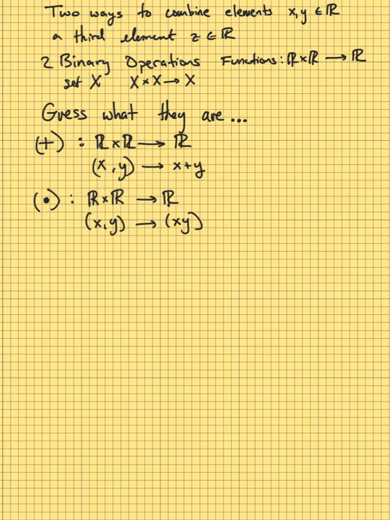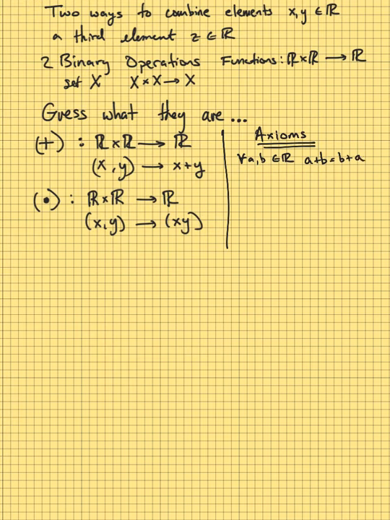Let me just say some of the axioms for plus. We're not going to prove these; we're assuming that plus and multiplication satisfy these properties. For the first one, for any two real numbers, a plus b is b plus a.